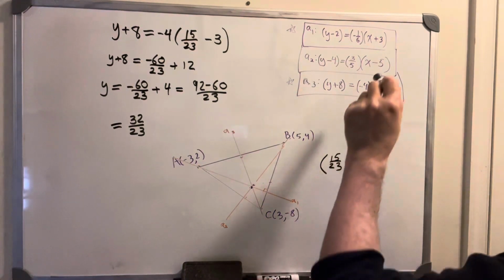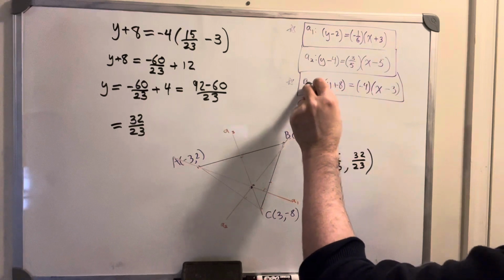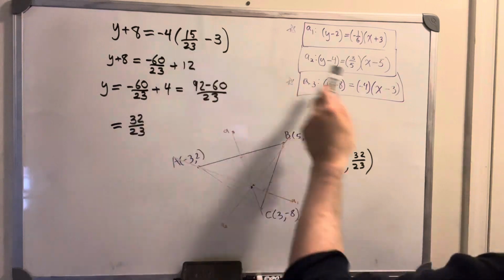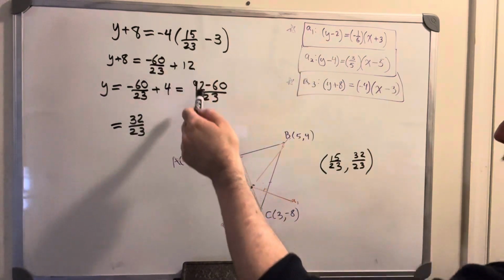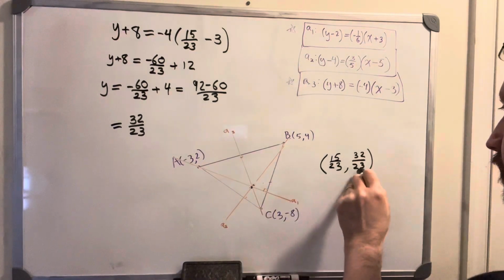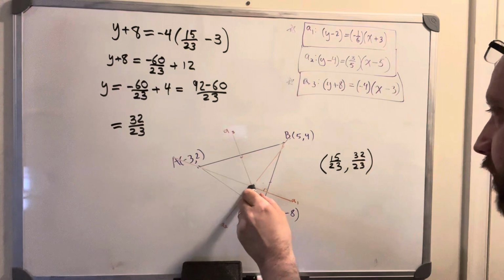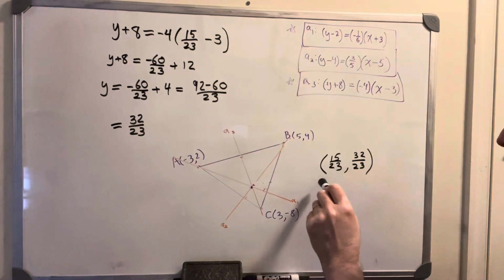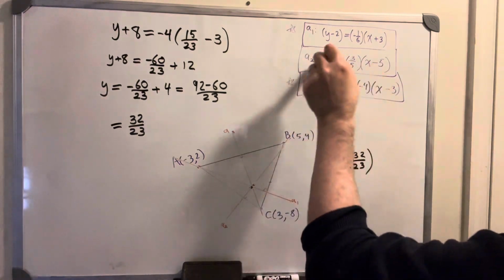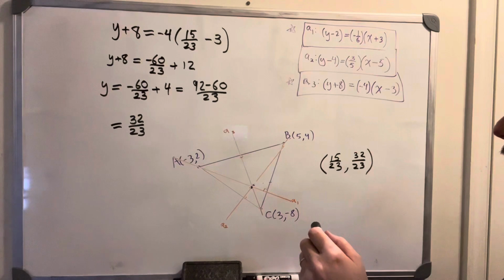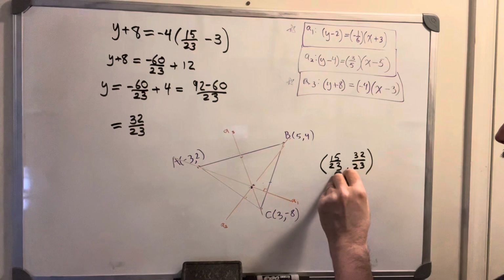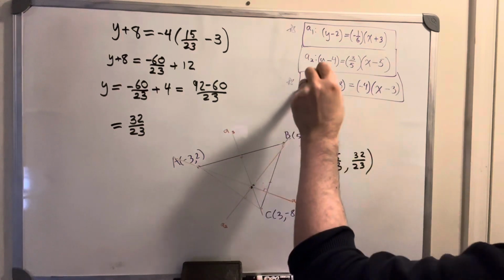I chose A3, and as you can see right here, I substituted that for x. And if you follow the arithmetic through, y comes out to be 32/23. And this point of intersection is then 15/23, 32/23. If you plug these three equations into a graphing calculator and plot this point, you do see that this point lies at the intersection of these three altitudes.